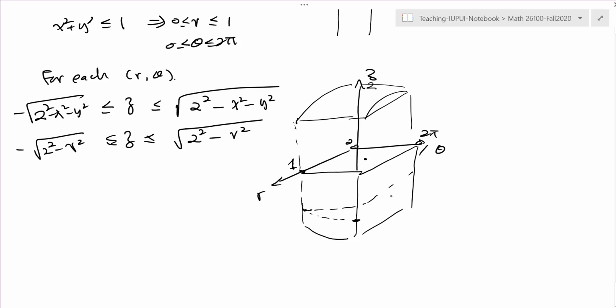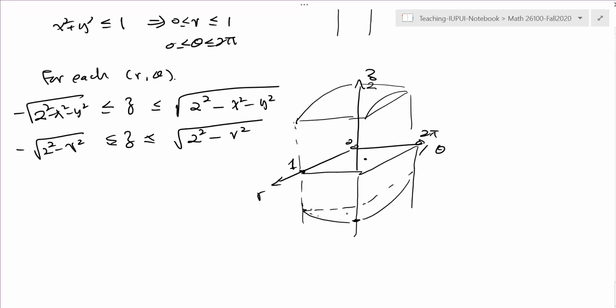Yeah, it's a 3D symmetric surface. I'm not going to draw this part here. Okay, it's a surface.